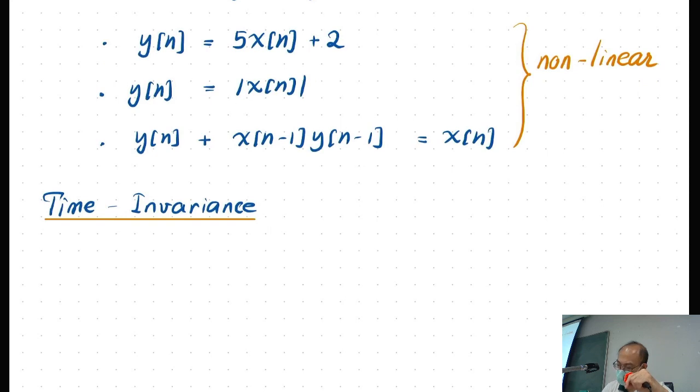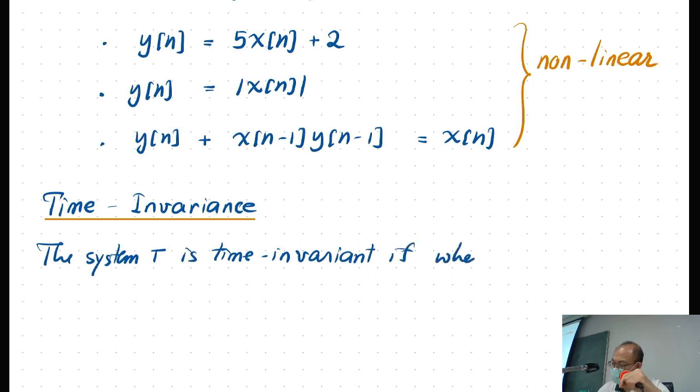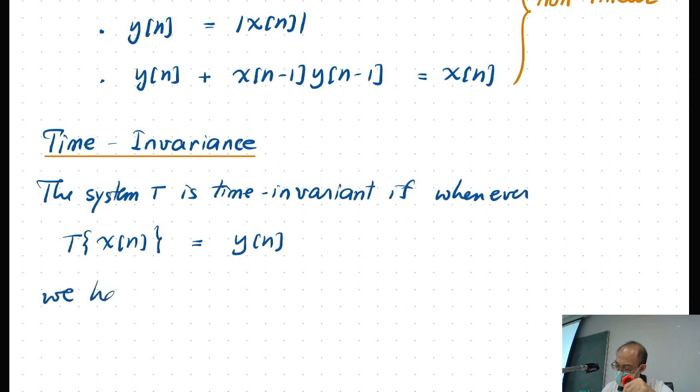If you still remember, the system T is called time invariant if whenever T of x[n] is a signal y[n], we have T of x[n minus n0] equal to y[n minus n0].